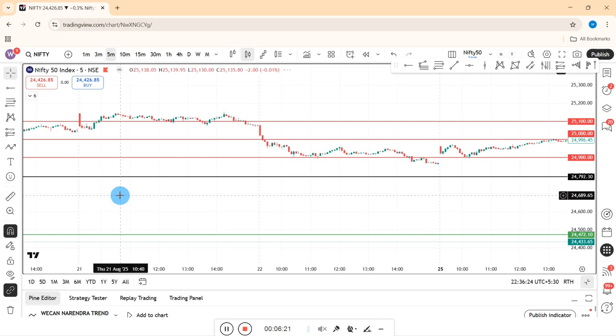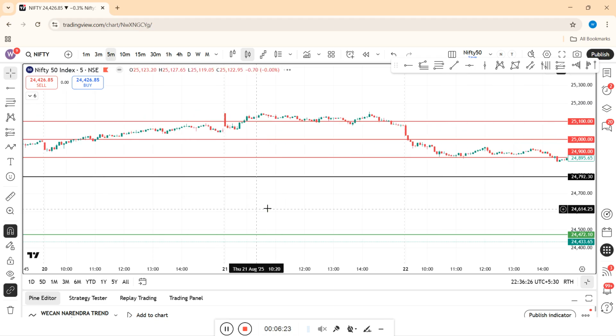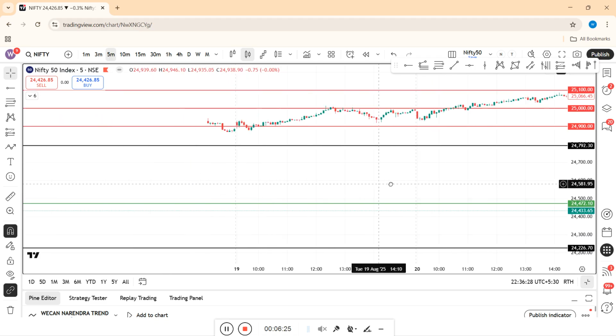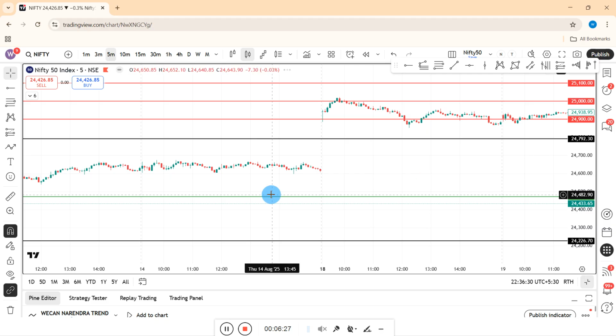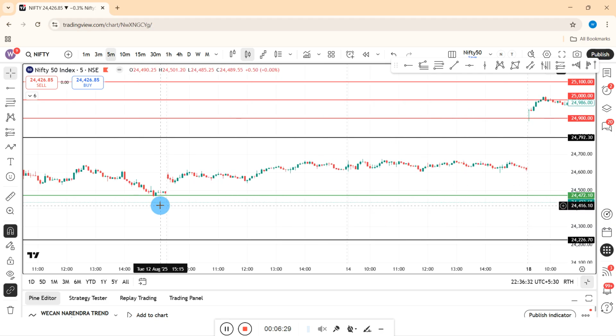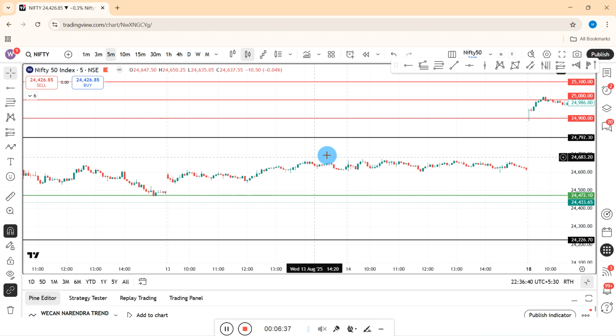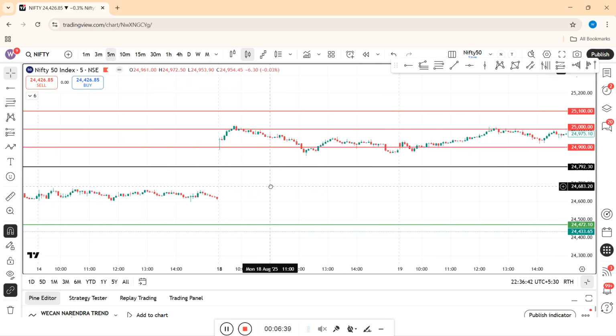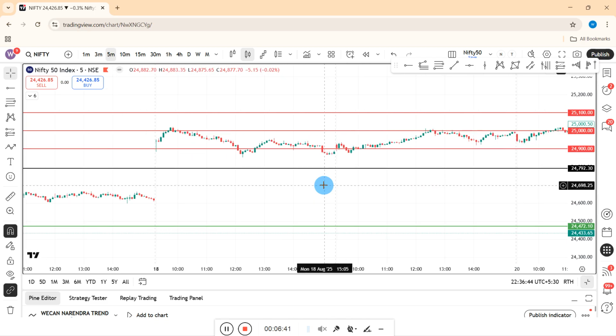See, if we go up, this acts as a resistance. When it comes down, it acts as a support. As a trader we can take decisions. Okay, it is reaching our support, I can think of going for a long side trade. When it reaches my resistance, I can go for my sell side trade.